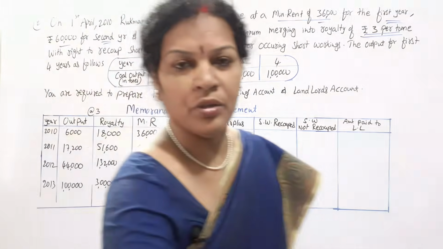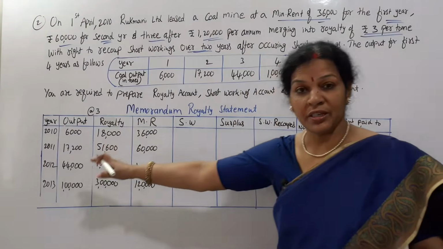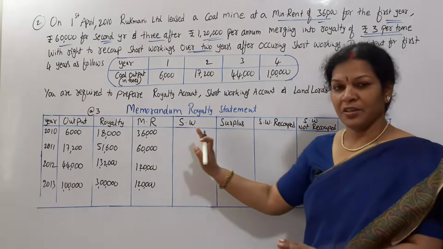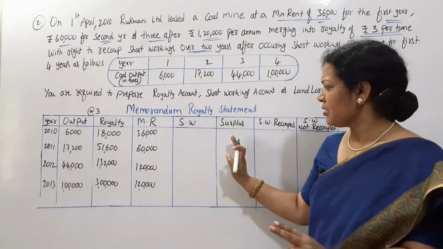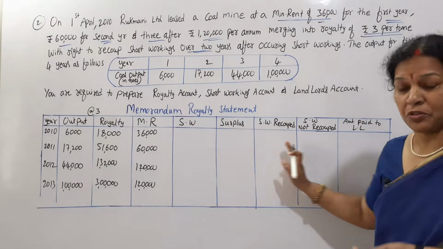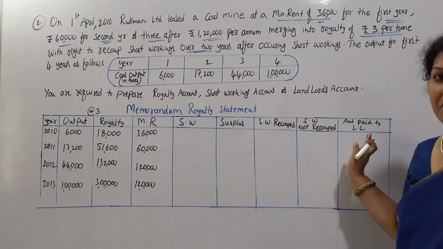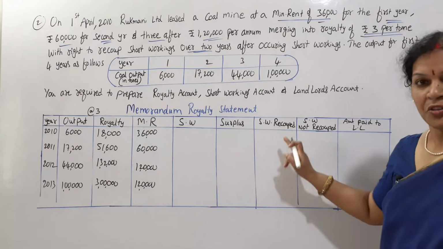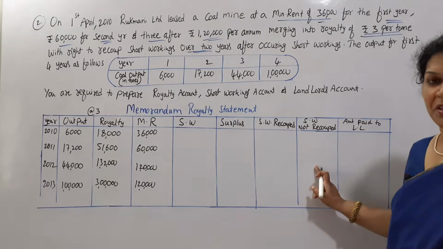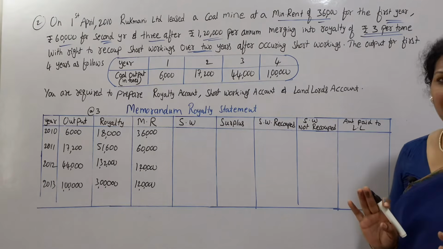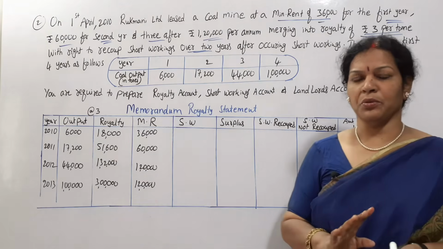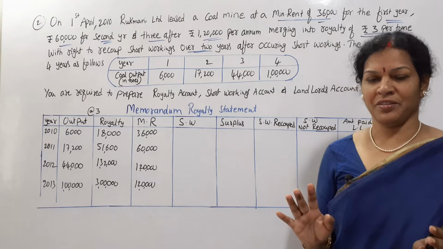So are you able to remember these columns: year, output, royalty and minimum rent. Then after that short working, surplus, short working recouped, short working not recouped, landlord. The more you practice, at least 2 to 3 tables, you will never forget these columns.